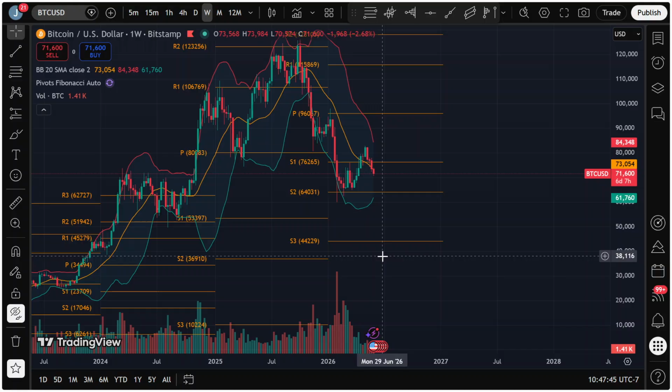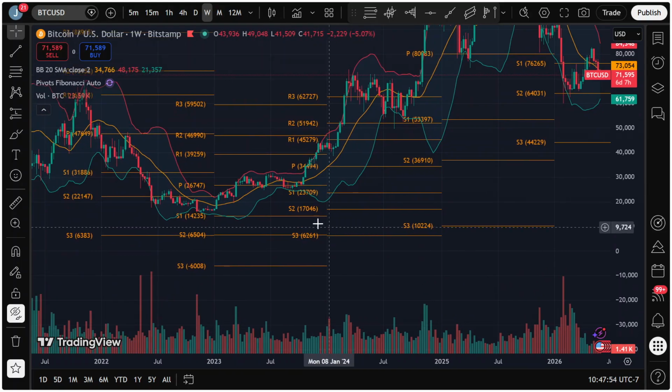Me personally, and I say this on the channel all the time, the lowest I can believe Bitcoin is going to go this cycle is somewhere between 34 and 39K. I just think there's a decent amount of support at 32 to 35K, super important as the mid-range point of the 64K and 69K all-time highs.